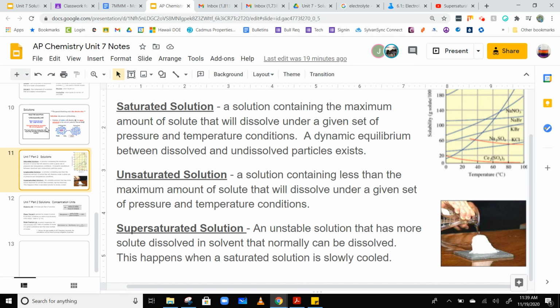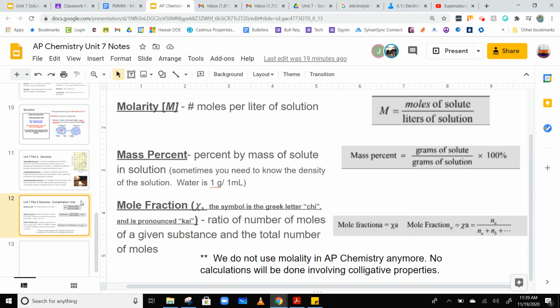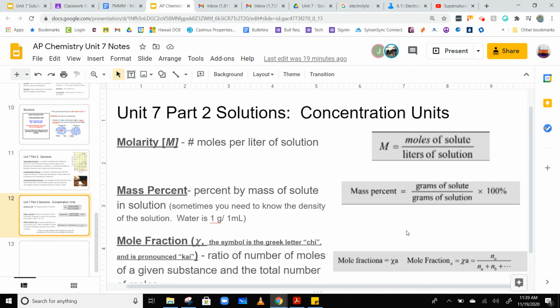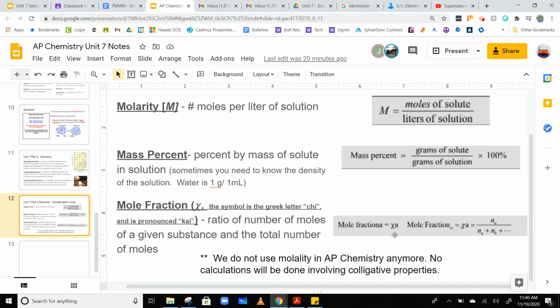Okay, the last thing here that I want to talk about is the different ways we measure concentrations of solution. So we're only really going to be using these ones. Molarity, which you know already, number of moles per liter. The mass percent, so this is the grams of solute over grams of solution times 100%.